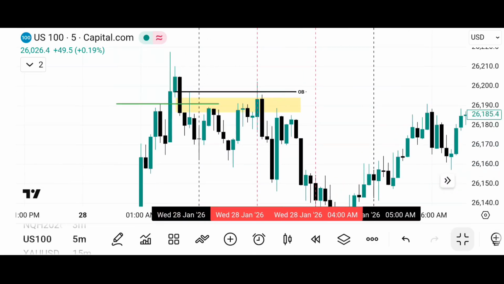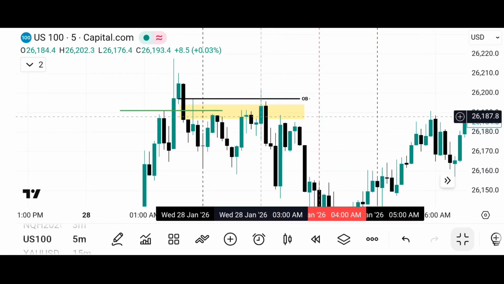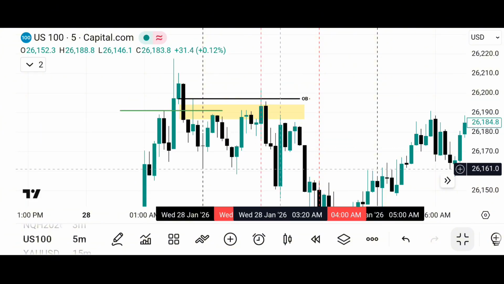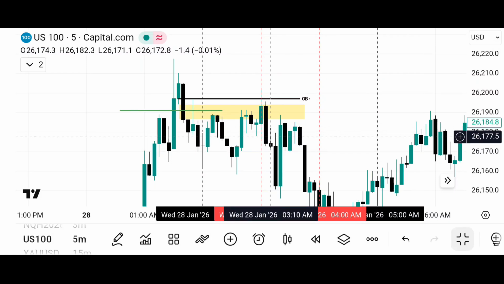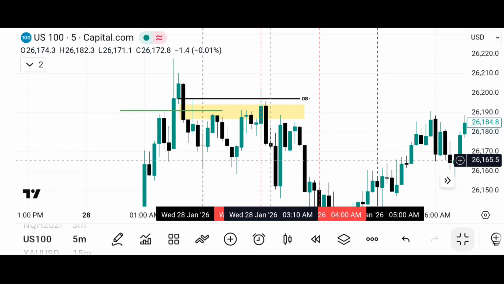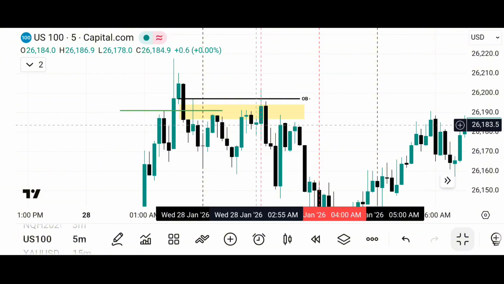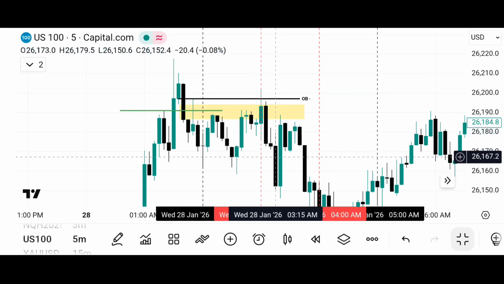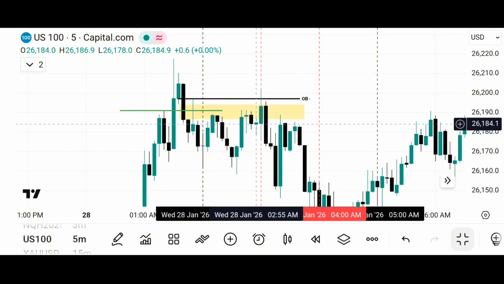This right here is also an order block. You see this green, this up close candle, followed by these down close candles, one, two, three. This is an order block. There are actually two green candles, this one and this one. These two consecutive up close candles, followed by these consecutive down close candles.